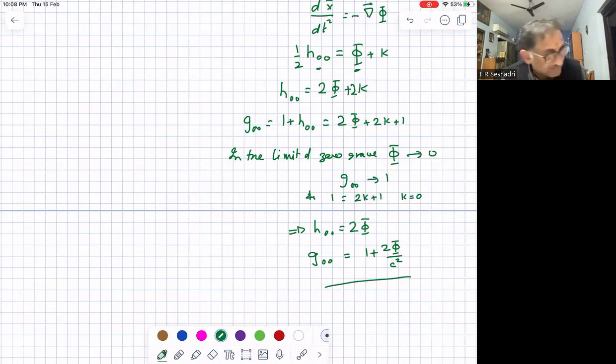Okay, so I will stop here. Because I've been talking about geometry, at some point I wanted to tell you that we now have gravity knocking at our doorstep. I will continue next time.